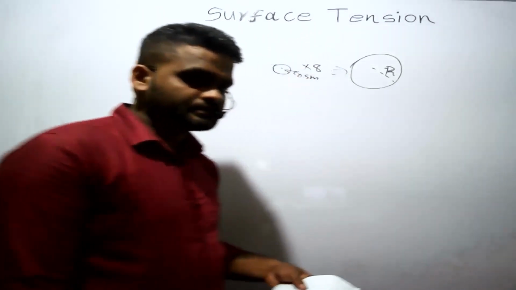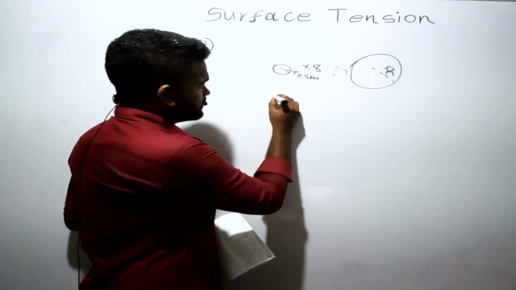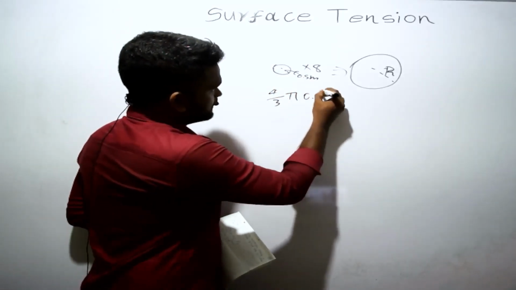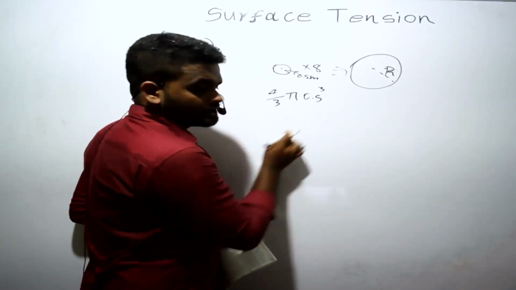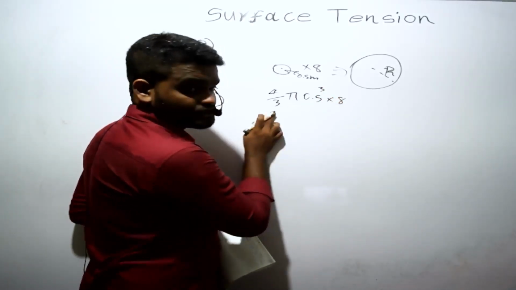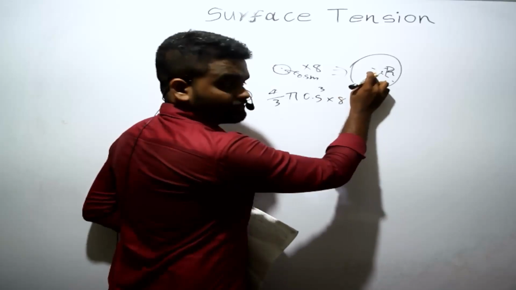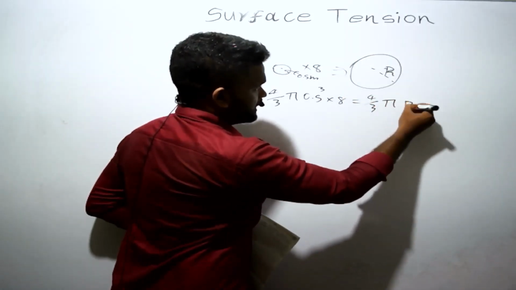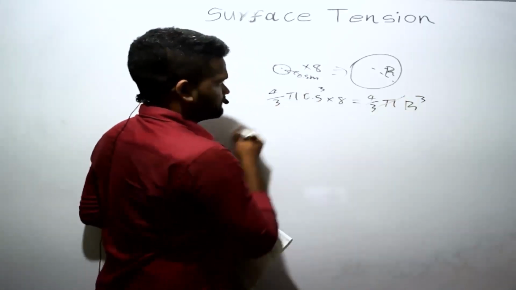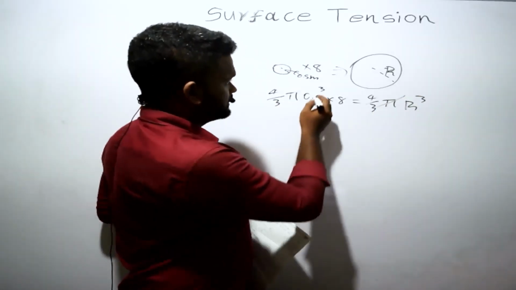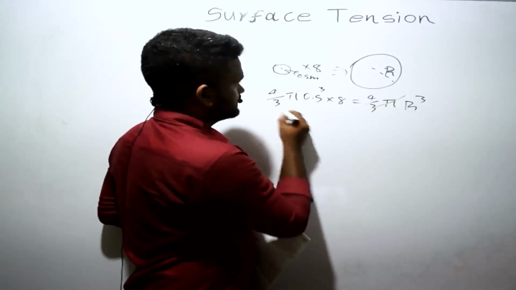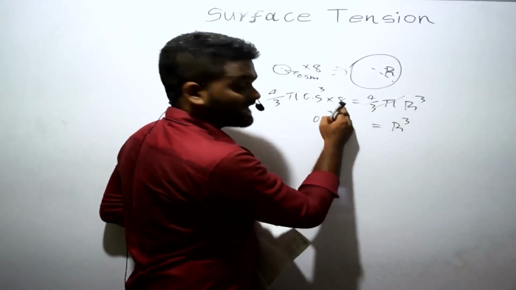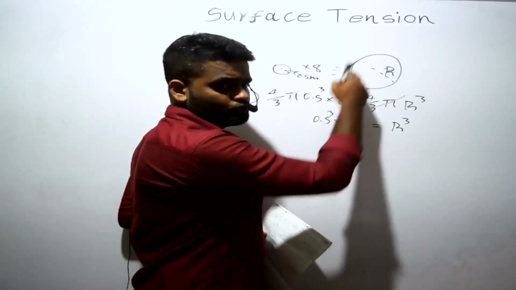Yeah, 1 millimeter. Correct. So how do you do it? 4 over 3 pi, small one 0.5 cube. There are 8 such volumes, equal to this large volume, 4 over 3 pi r cube. 4 over 3 pi cancels off, then we have r cube equals 0.5 cube times 8, which is 2 to the power 3.